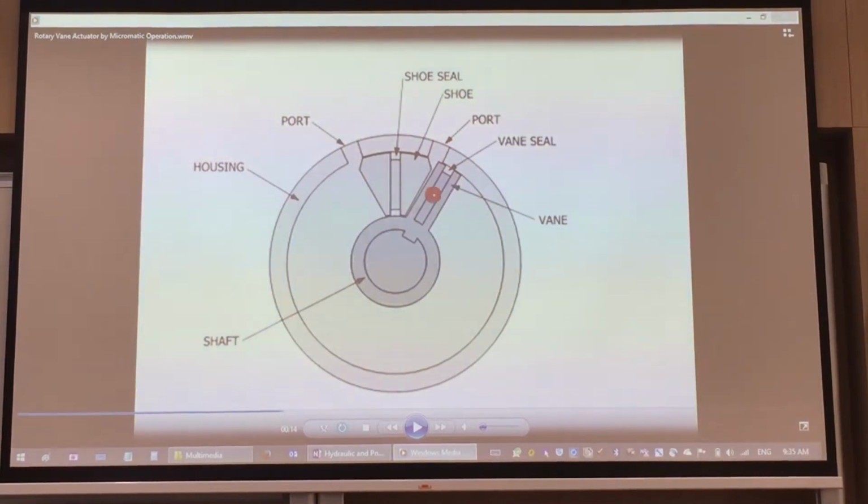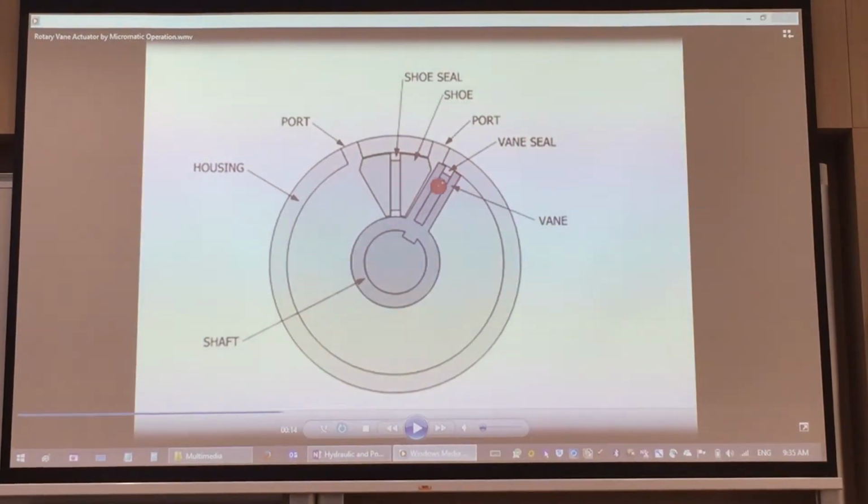It will be pressurized in there to rotate this shaft by applying force on this vane. And this side here doesn't mean there's nothing. There's also hydraulic oil over here. It's just that when it's energized over here, this hydraulic oil here will get pushed out to the atmospheric direction. So this part here is the one that's under the compressed pressure.